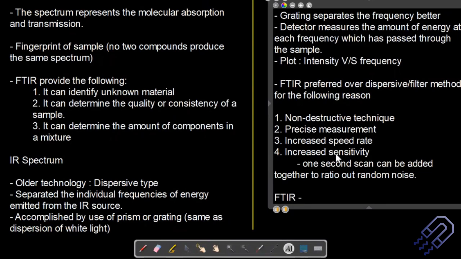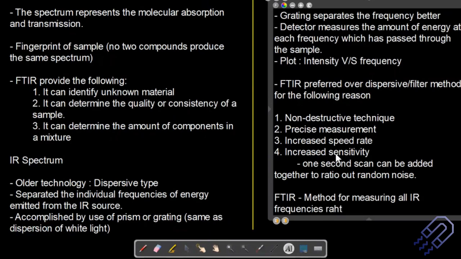If we just talk about FTIR, it is basically the same method as IR. It is the method for measuring all the IR frequencies. That's important.